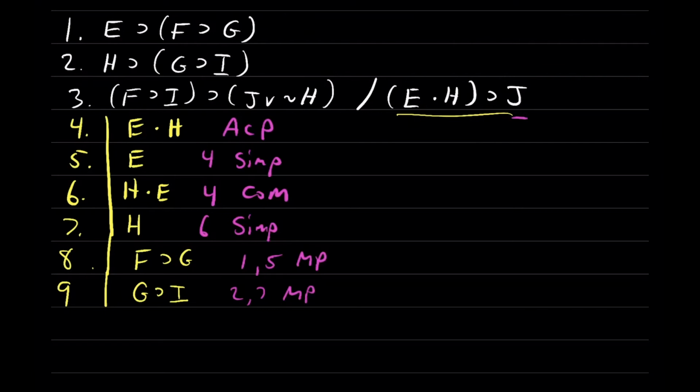On line 3, it says if I can get F implies I, then I could get J or not H. We're trying to get J, and we know H is true, so once we break that apart, we can get J no problem. The first thing we need to do to get F implies I: notice that on lines 8 and 9, we have F implies G, but G implies I, so I can get F implies I by hypothetical syllogism from lines 8 and 9.